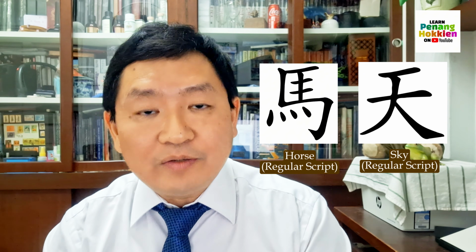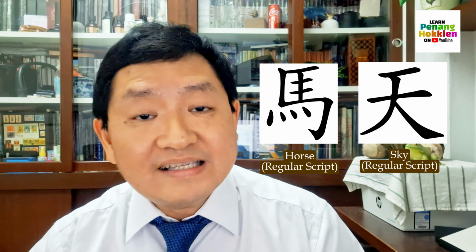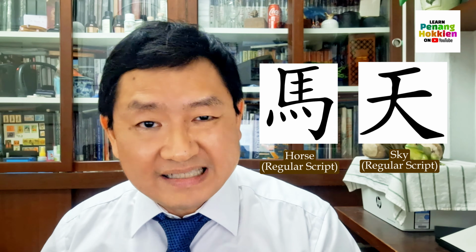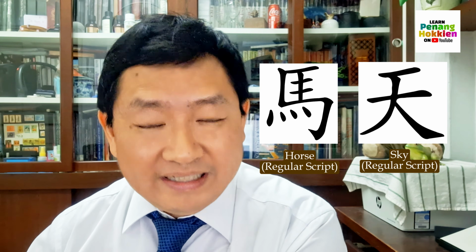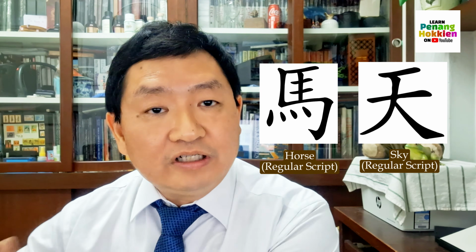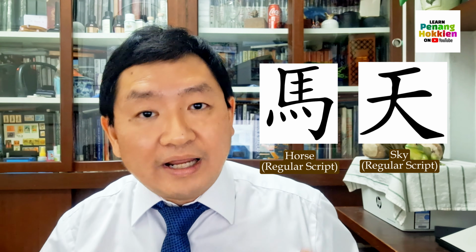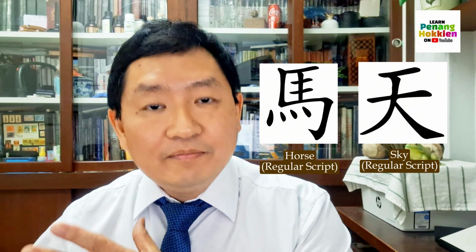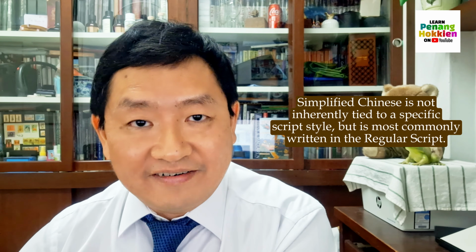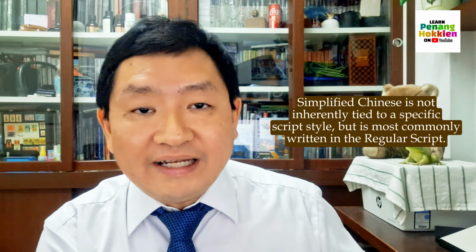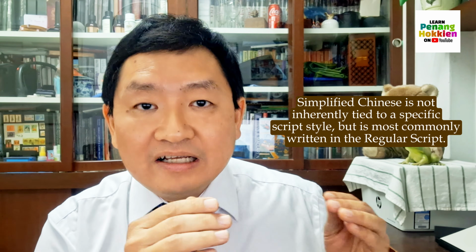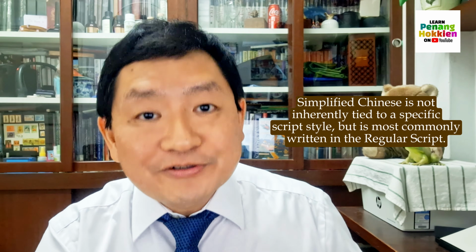And this regular script will remain more or less unchanged for the next 1,000+ years until the beginning of the 20th century, and in fact into the 20th century as the traditional Chinese characters, before we finally adopted for China and Malaysia and Singapore the simplified Chinese characters. So this writing system, which we know as traditional Chinese characters, is in the script form called regular script.